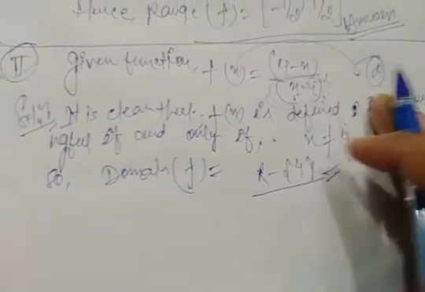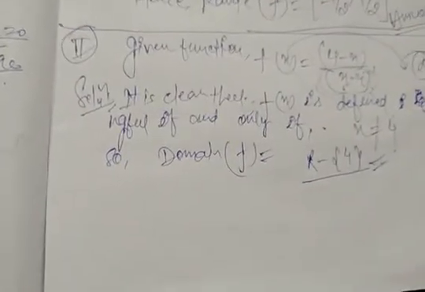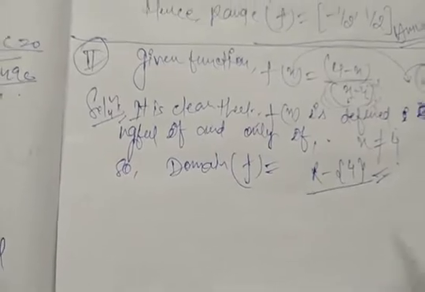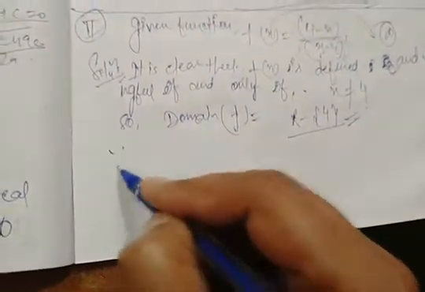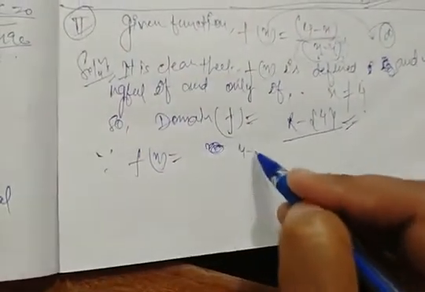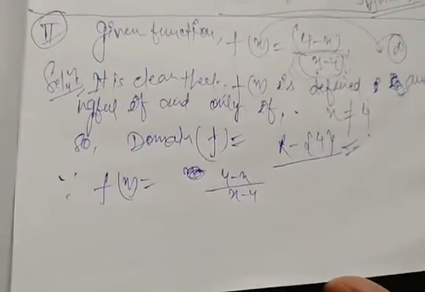Okay, one thing is clear. Now for finding the range, since f of x is 4 minus x upon x minus 4.